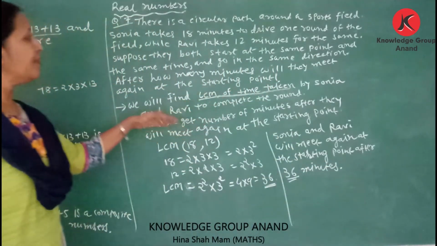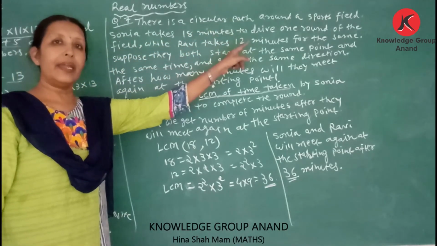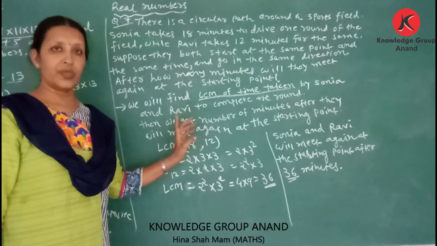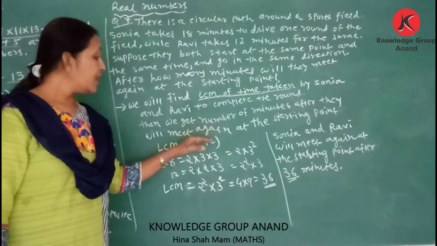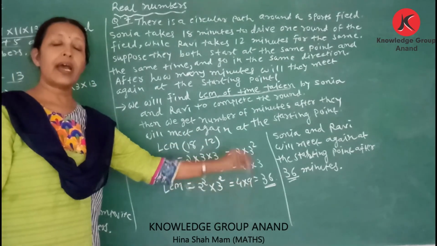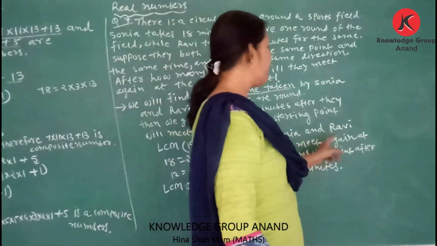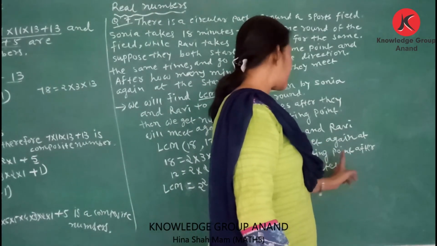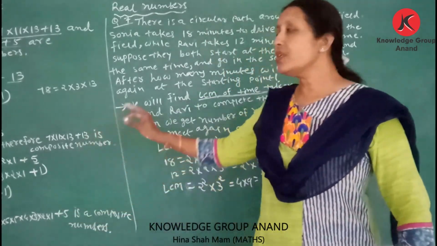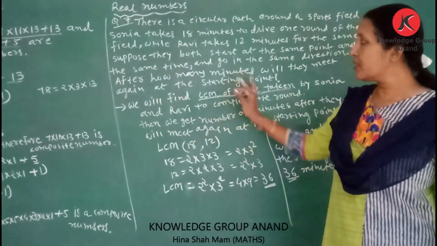In this question, we find the LCM of the time taken by Sonia and Ravi. Here, LCM of 18 and 12 is equal to 36. Sonia and Ravi will meet again at the starting point after 36 minutes. Pause the video for 30 seconds, then you write this.